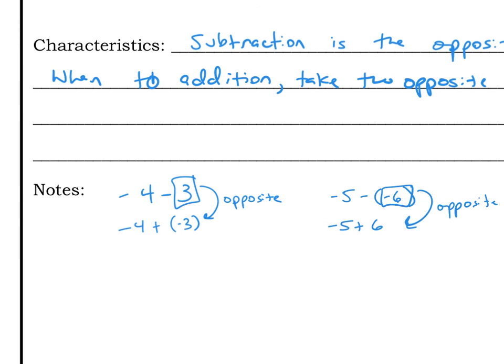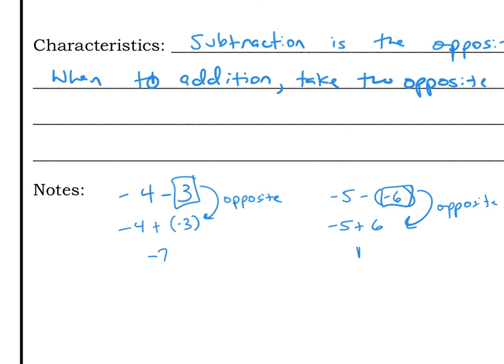Okay, -4 plus -3 is -7. -5 plus 6 is +1. Okay, we can also say -4 minus 3 is -7, and -5 minus -6 is +1. They equal the same thing. It's just easier to think in terms of addition than it is in terms of subtraction. So that's why we rewrite it as addition.